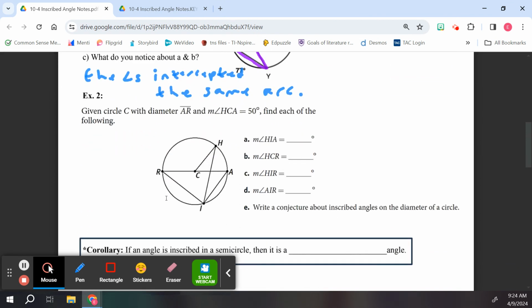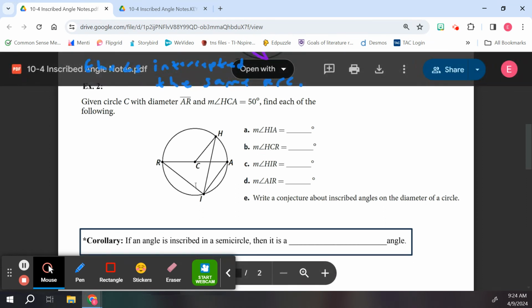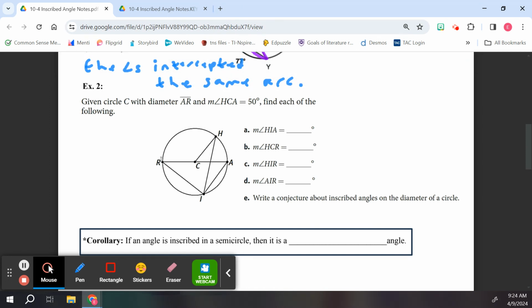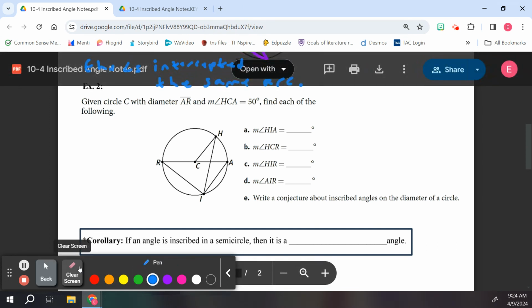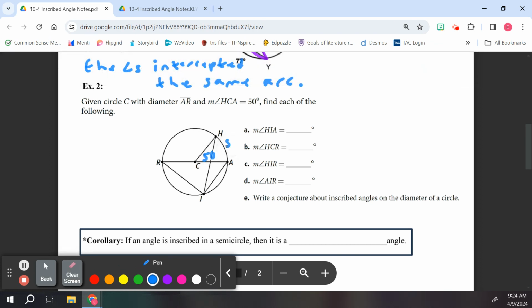All right. Given circle C with diameter AR and the measure of HCA equals 50, find each of the following. So let's see, we got the measure of HCA. So we know this right here is 50, which makes arc HA also 50. So I'm just labeling things that I already know. I have RCH, this angle right here.